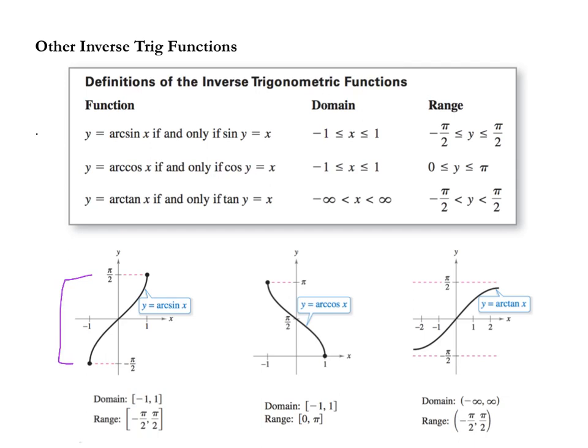The cosine one is the one that's going to be different. The range is different for us to look at. We're going to look at the range from 0 to pi. So our answers are going to be, instead of, this one's technically the first and fourth quadrant for sine. For cosine, we have to look at the first and second quadrant, because cosine is actually negative in the second quadrant, versus sine not being negative there.